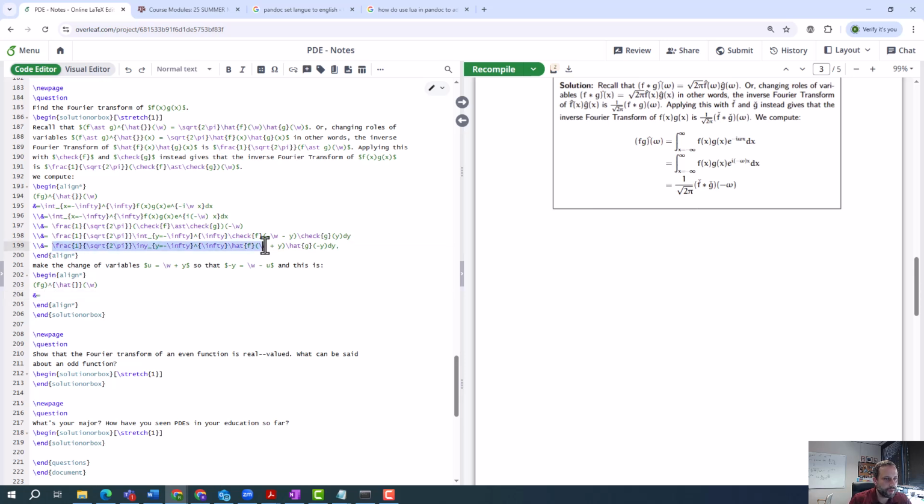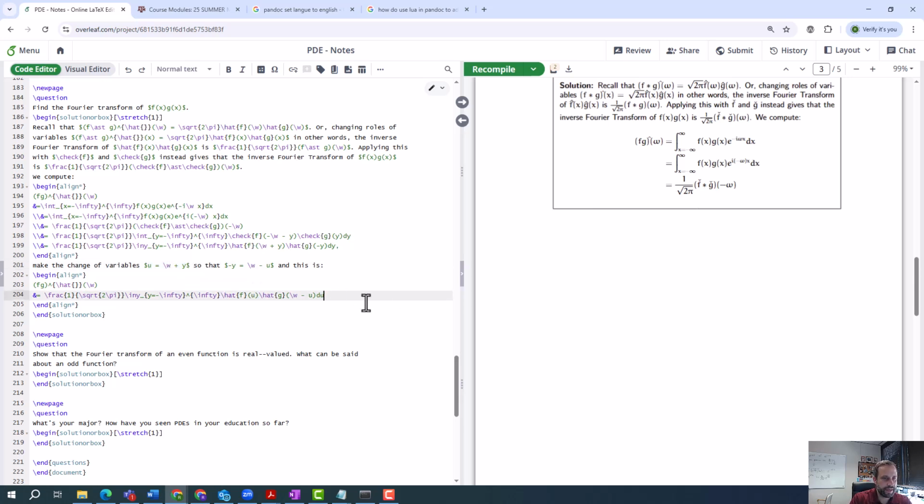Okay, so I'm going to do a little copy and pasting here. So u is equal to omega plus y. I'll change the limits in just a second. If I subtract y and subtract u, it's going to be minus y over here and omega minus u. So minus y is omega minus u. If I look at this, du is equal to dy, because d omega is just 0.